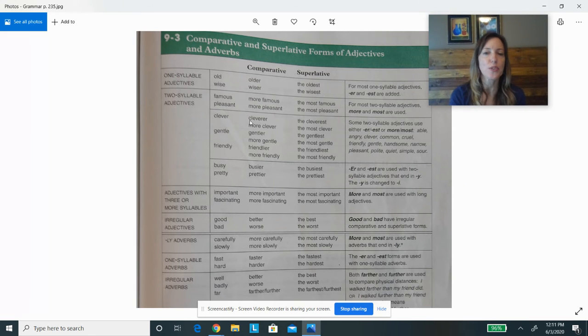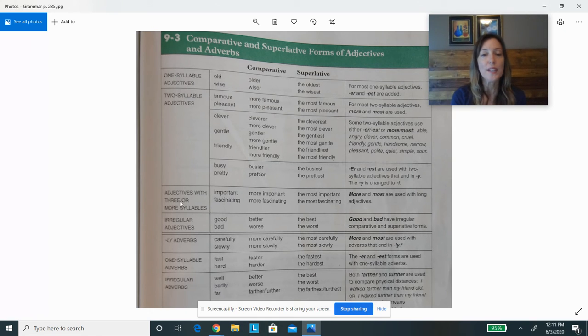But usually those ER words are strange with another ER. So I'm actually surprised about this one. But just know there may be two ways. Consult your dictionary. And as I said, when you have a two-syllable adjective that ends with Y, most people use ER, but you have to change the Y to I and add ER.